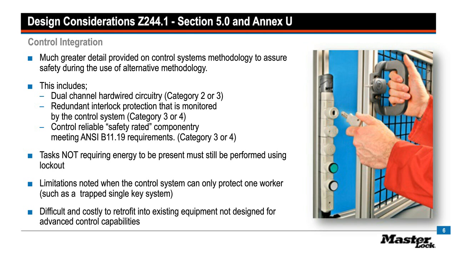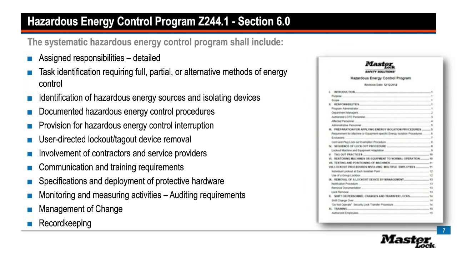We developed more information related to the energy control program. Rather than walk through this point by point, you can see by our bulleted list there's a lot of it being addressed. One of the things that I wanted to emphasize was assignment of responsibility in a more detailed format than sometimes we see in existing programs.